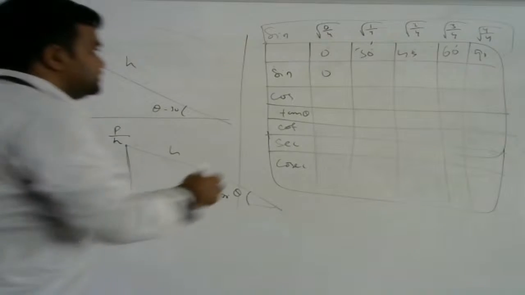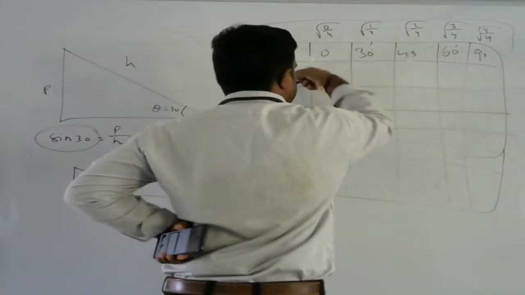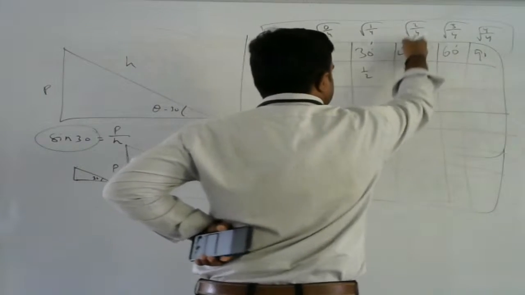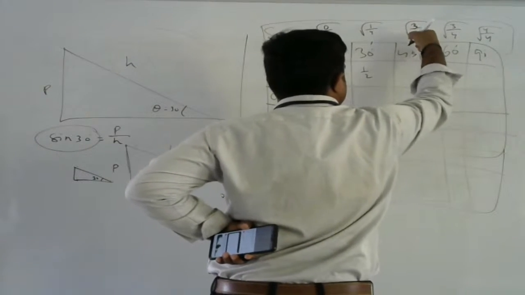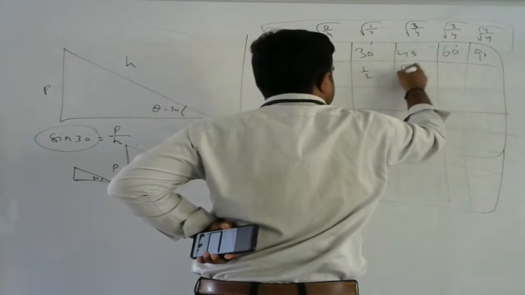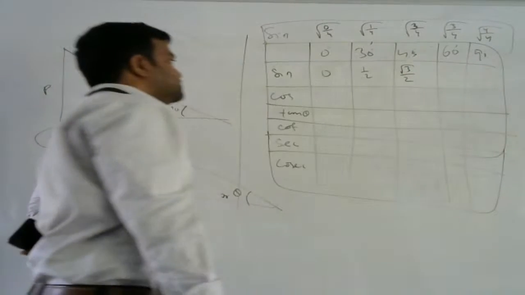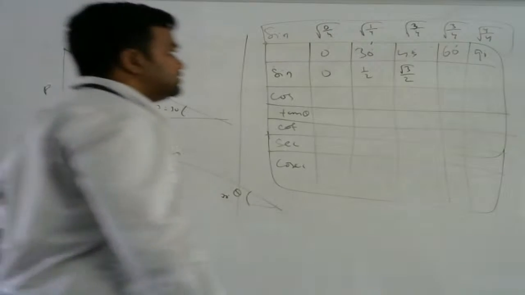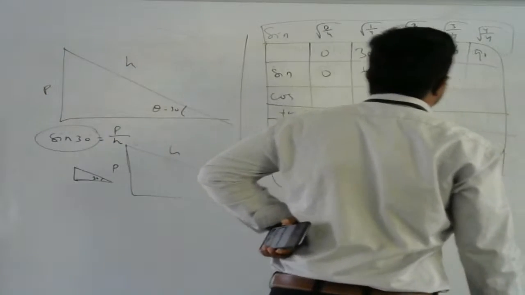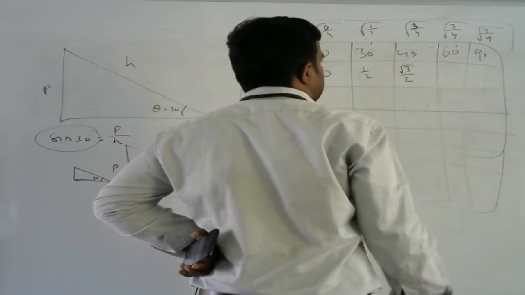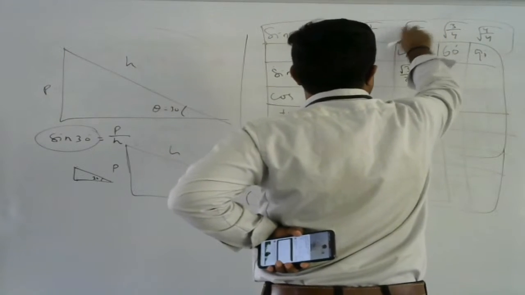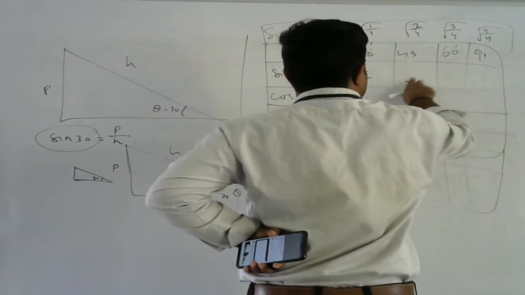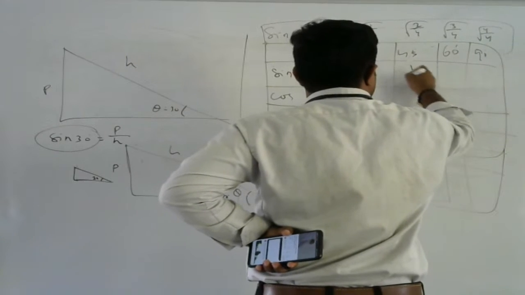Now sine 0 is 0, sine 30 is half, 1 upon 4 root over is half. This is 3 by 4, so this will be root 3 upon 2. Sine 45 degree: this is 2, 2 by 4 is half, so this is 1 upon root 2.